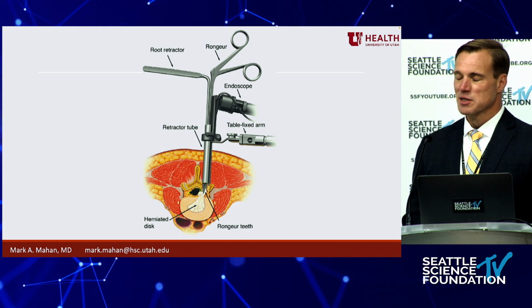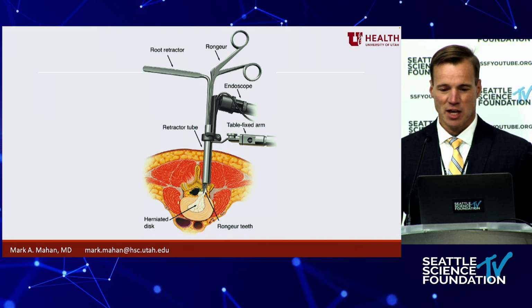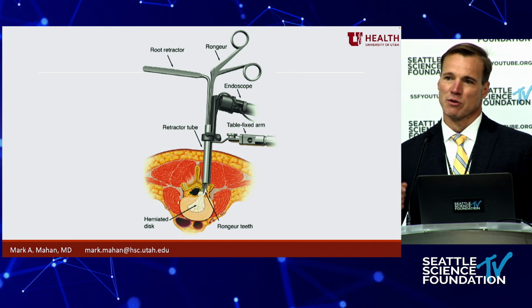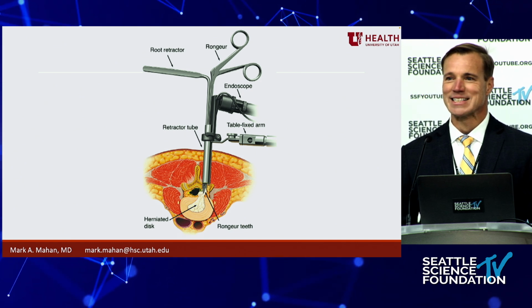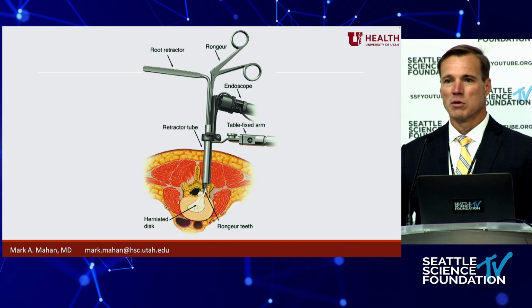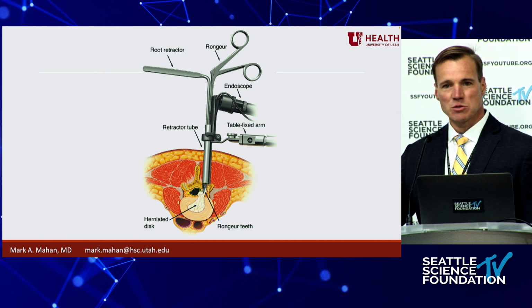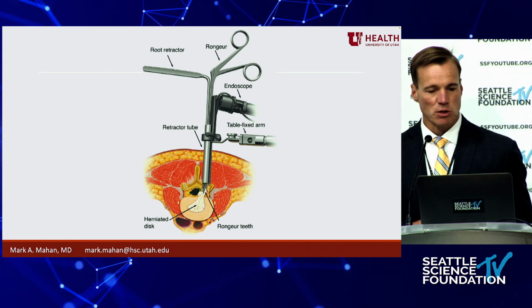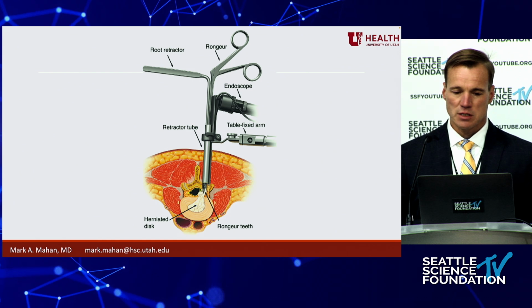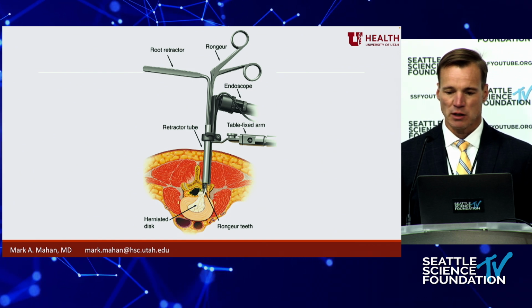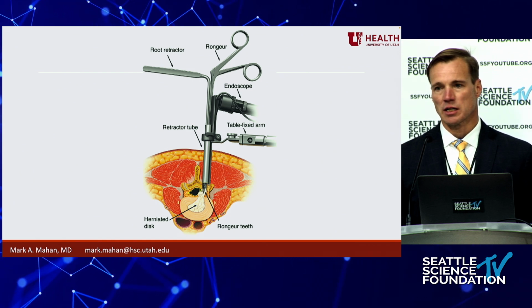Although I say that it was 1997, Parvitz Kambin had already done that with a 5mm endoscope in 1986. So although we credit a lot of this device as being one of the first systems to be utilized, it was not really the first system for spinal endoscopy, which really got its start in 1990.